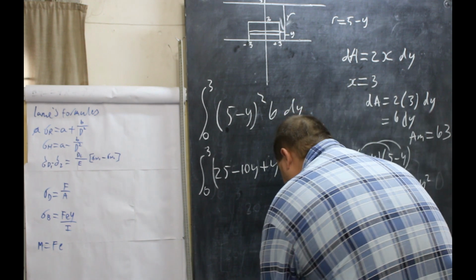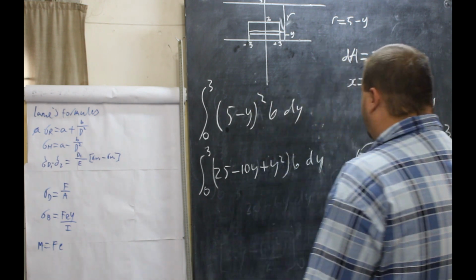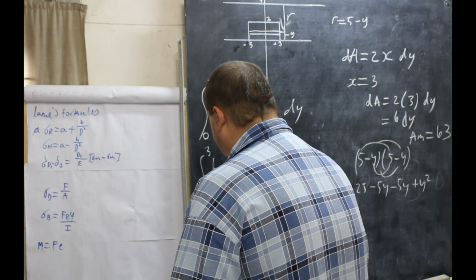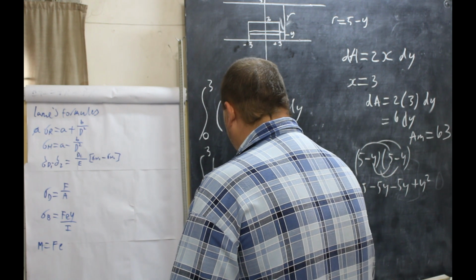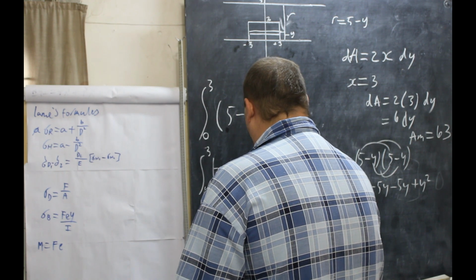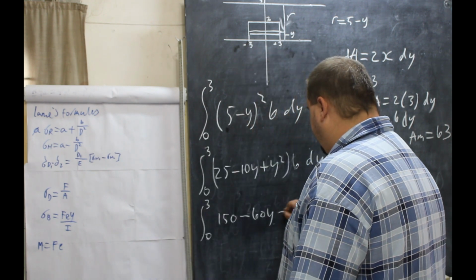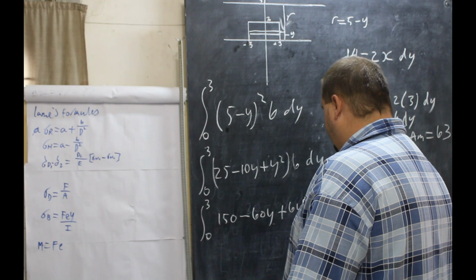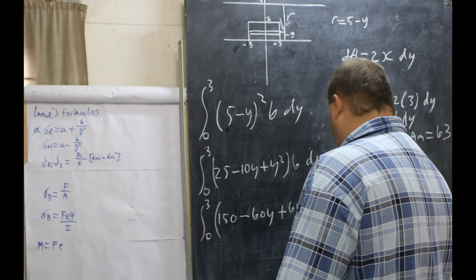Okay, so 25 times 6 is 150, so from 3 to 0, 150 minus 60y plus 6y squared dy.